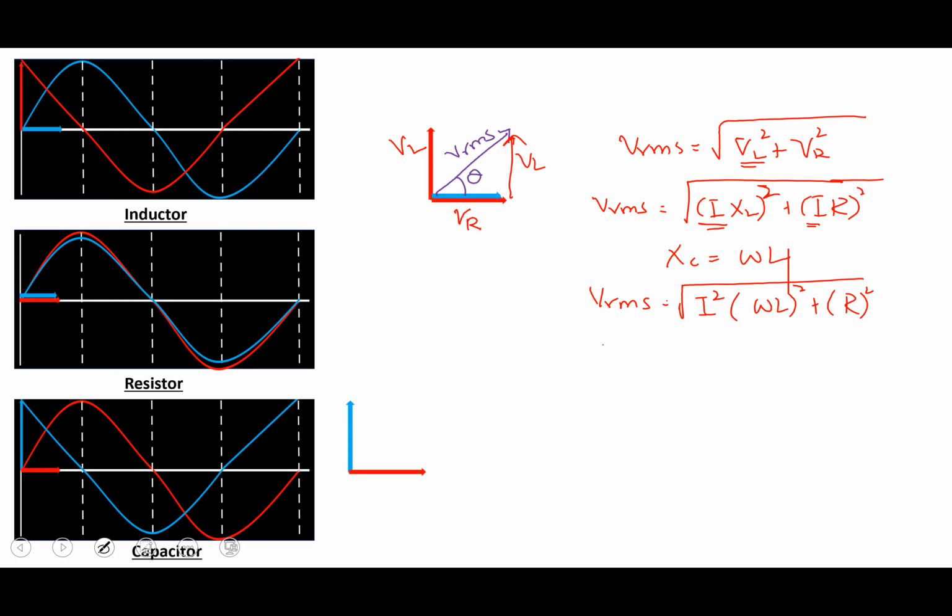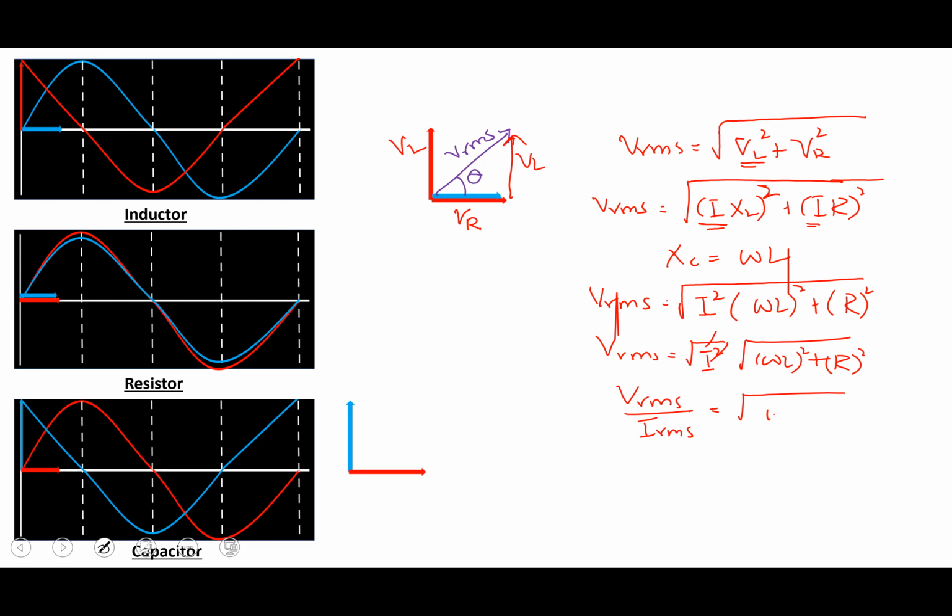To show the steps, VRMS squared is I square into omega L whole square plus R whole square. The I square cancels out and goes to the other side, and the current is also the root mean square value.